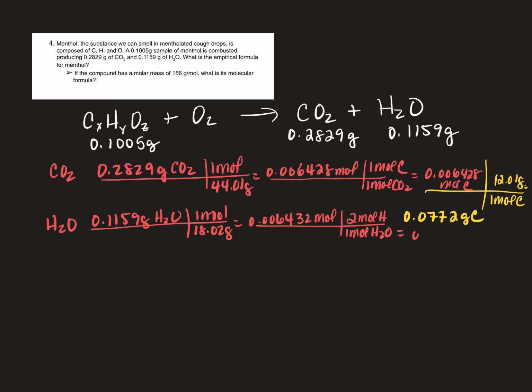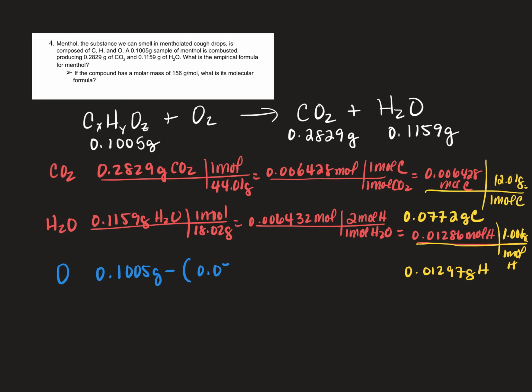So I have 0.01286 moles of hydrogen. And in 1 mole of hydrogen, 1.008 grams. Gives me 0.01297 grams of hydrogen.